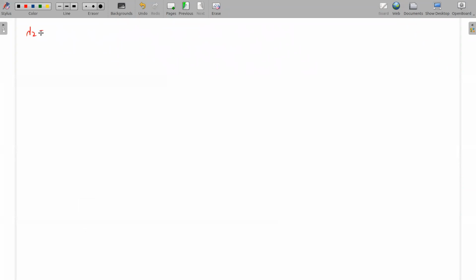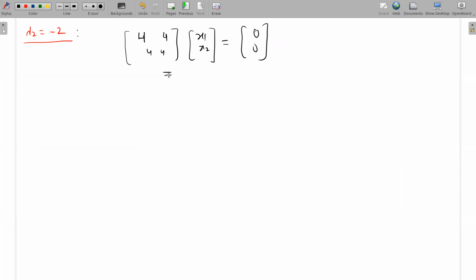So the second eigenvalue, which is minus 2, you can find in any order. It comes from this system, so there put lambda equal to minus 2. So [4 4; 4 4]. v2 you can also write as x1 x2, this is notation. So from here you get x2 equal to minus x1, and you can write x1 plus x2 equal to 0. Okay, so you can take any one. You can take x2 or x1 equal to 1.